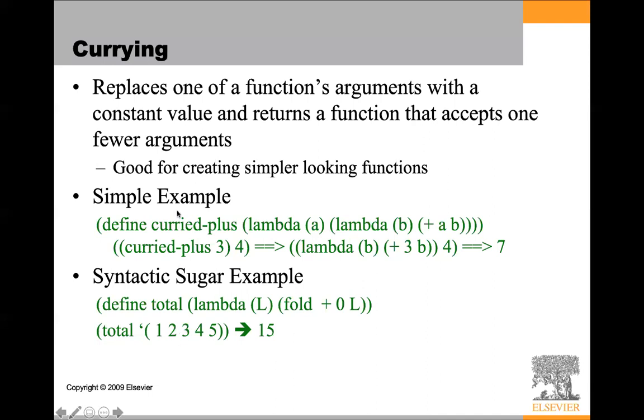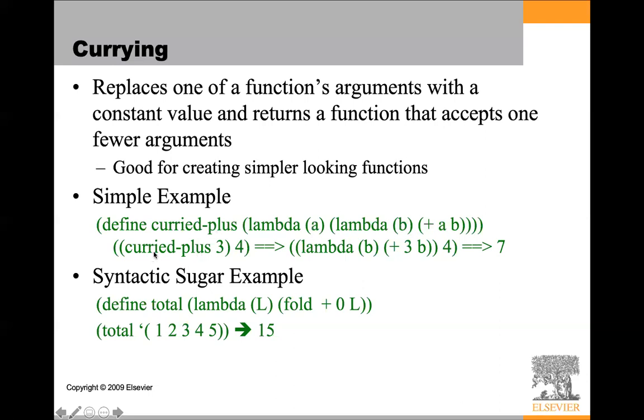So as an example, we have a function that we want to add a and b. But in fact, a is supposed to be a constant of our choosing. So we pass in this value that we want to be a constant, and it returns a function in which the first operand has been converted to a constant.